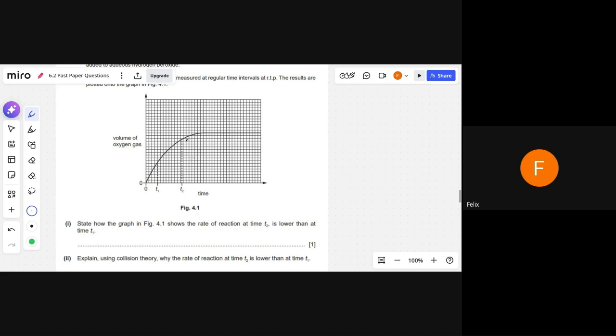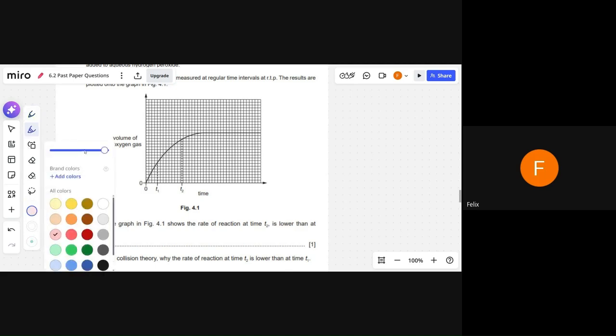Here you can see that the gradient is decreasing, so it has a lower gradient. This is why we can say that the rate of reaction at time t2 is lower than at time t1, because at time t1 you can see that the curve is steeper.